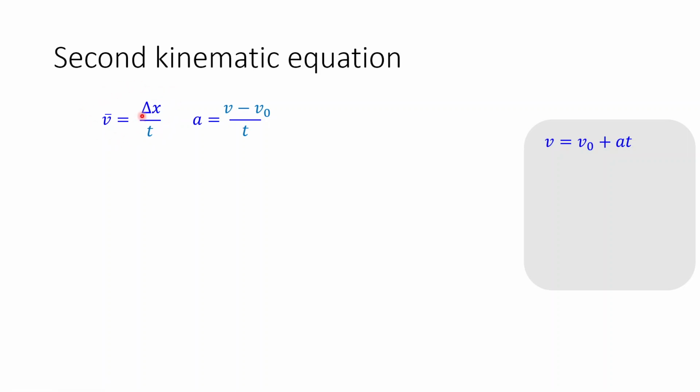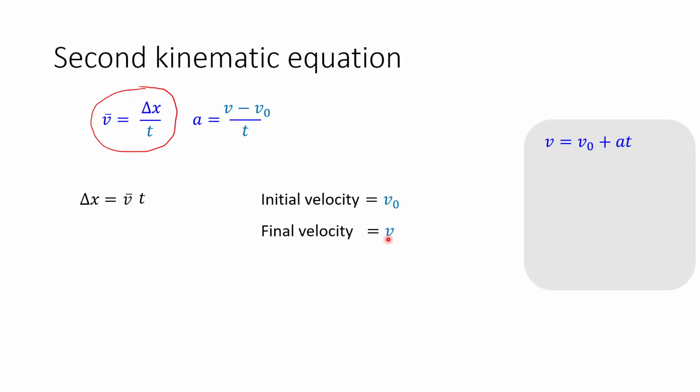Now take this equation. From this equation, you can write delta x is equal to v bar times t. We have two velocities, the initial velocity which is v0 and the final velocity v. Add these two velocities, v0 plus v. Now divide by 2. This is equal to the average of the two velocities.